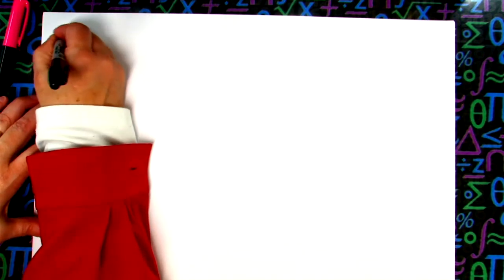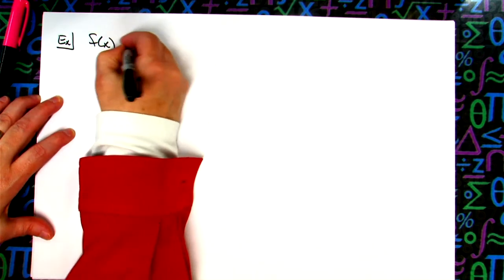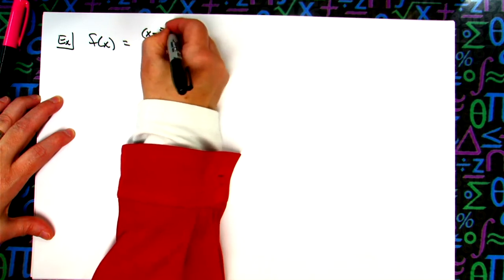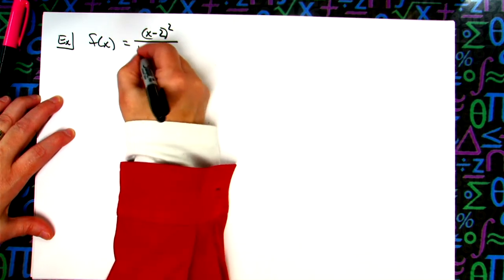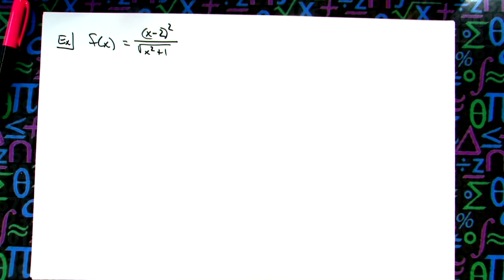Let's suppose they give you f of x equals x minus 2 quantity squared all over the square root of x squared plus 1. Technically, if you didn't know what logarithmic differentiation was, you would just do quotient rule, right?